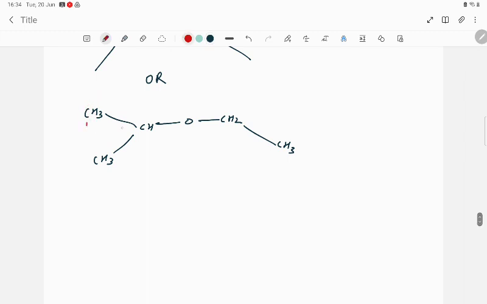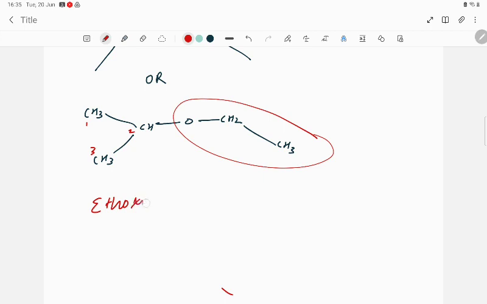Here you see 1, 2 and 3. The ethoxy will come at the second position, so 2-ethoxy, and then propane, with a single bond. This is the IUPAC name.